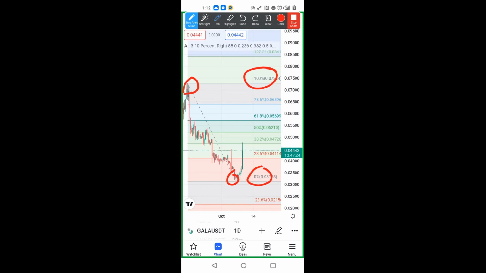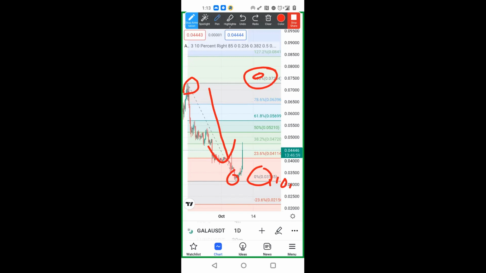The previous trend was a downward trend. Not the current price, not the current trend, but the previous trend was a downward trend. Now, unless this becomes 100 and this becomes 0, this is still a downward trend.